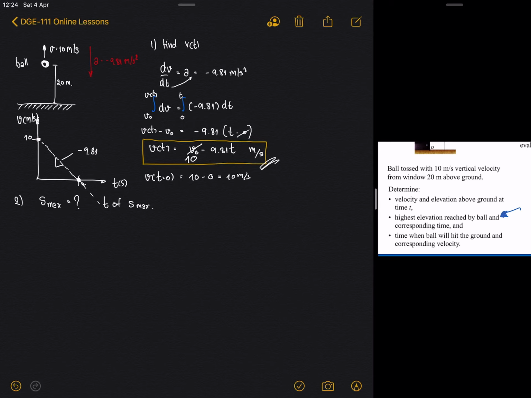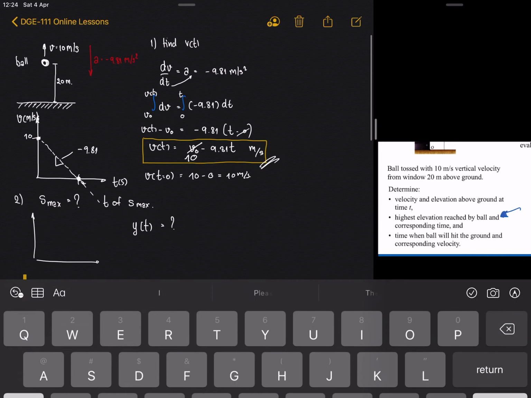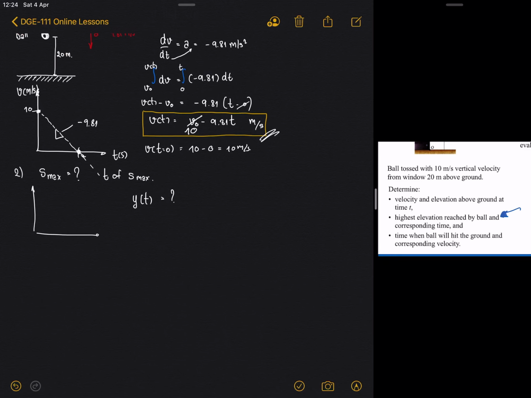So if I write here also the graph of yt. Here I would like to find also ymax, so it's the distance in y. And what is yt?